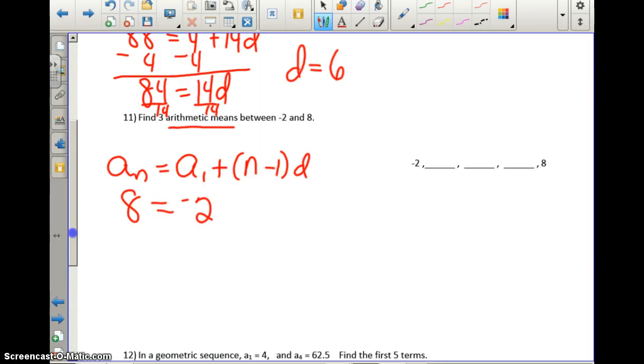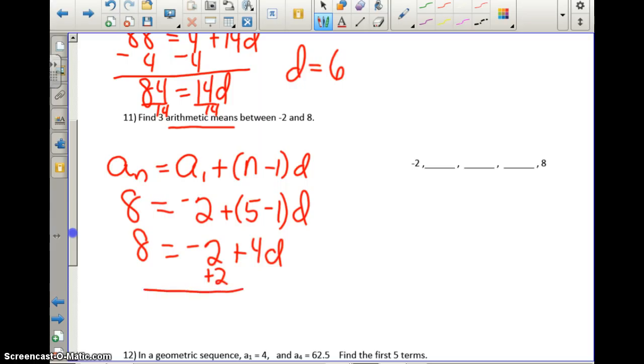And I know I have 5 terms because I can see it over there. So that would be 5 minus 1. And I don't know the common difference yet. I have to find the common difference. So this would be 8 is equal to negative 2 plus 4 times d. Add 2 to both sides. And I get 10 is equal to 4d. Divide by 4. And the common difference here is 2.5.